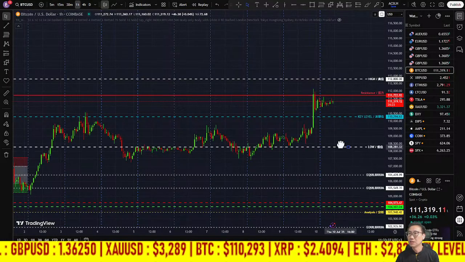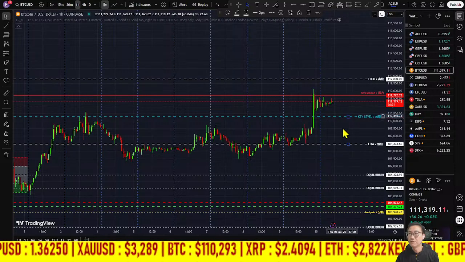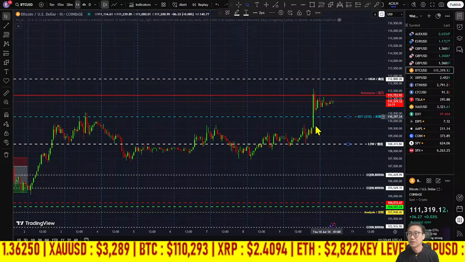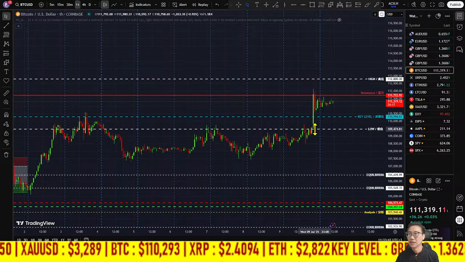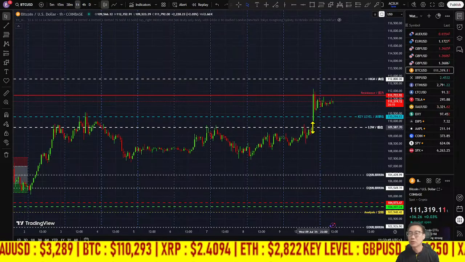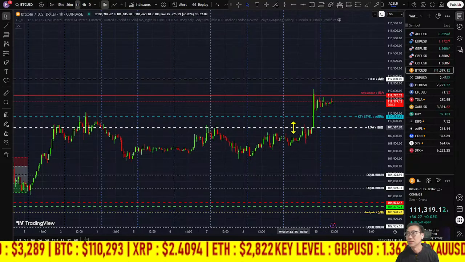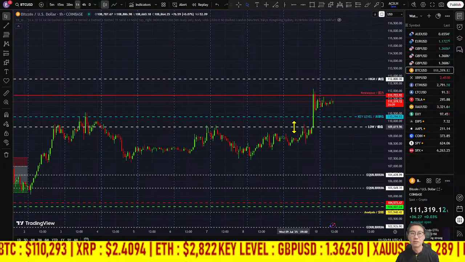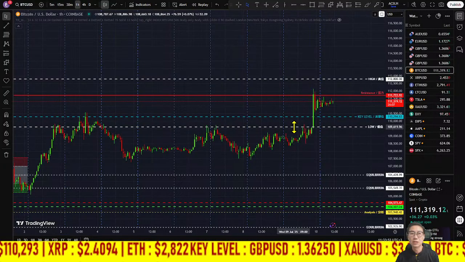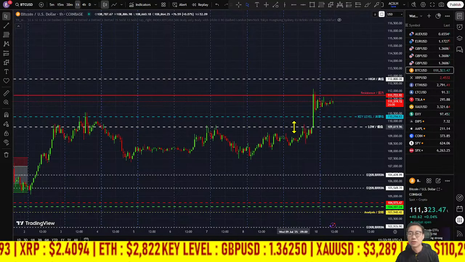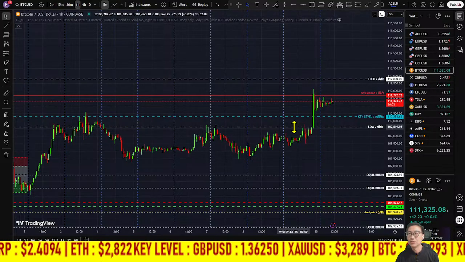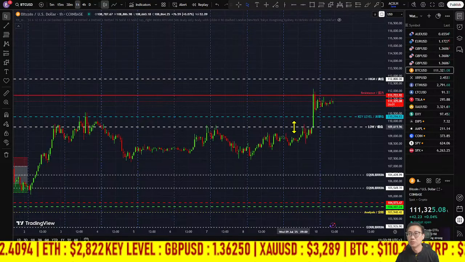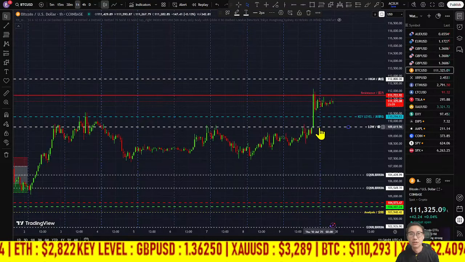If this is unable to hold above, then it should be coming back for the selling, as we can see in this area here. I think the selling is quite obvious. It should be about here, maybe 110. If it breaks below, this should be the first one to be taken out.